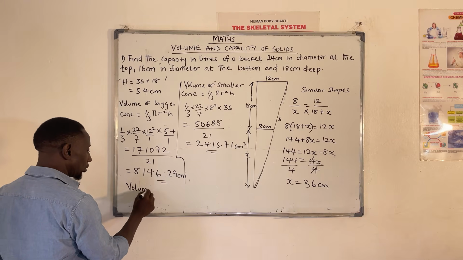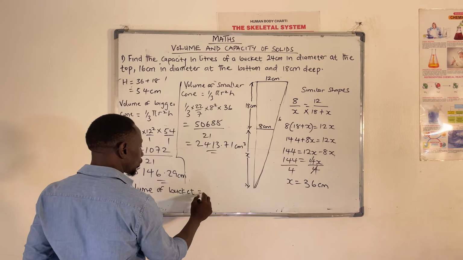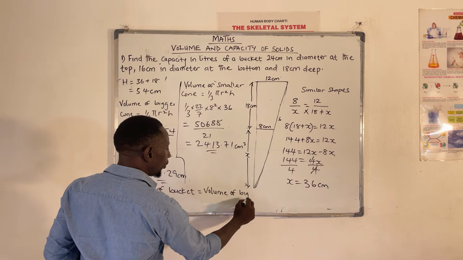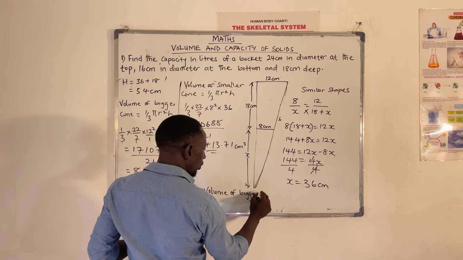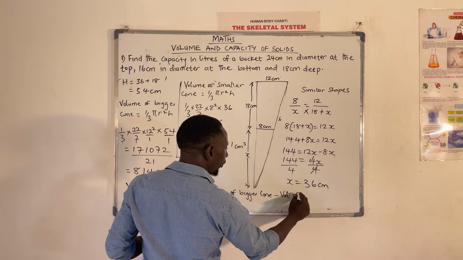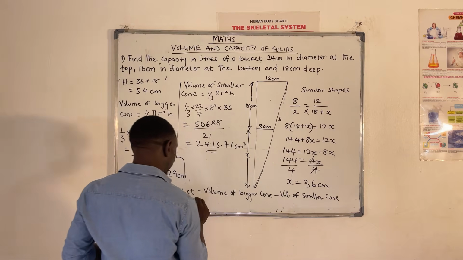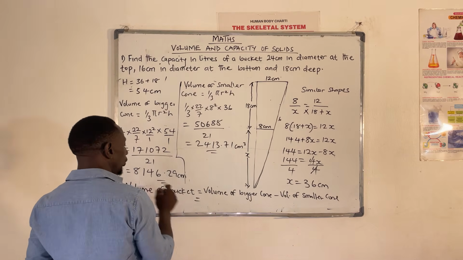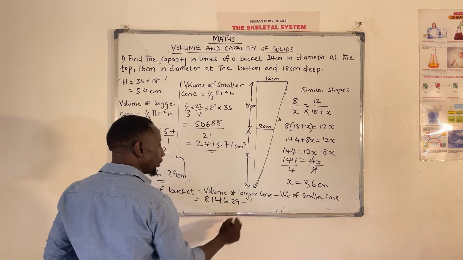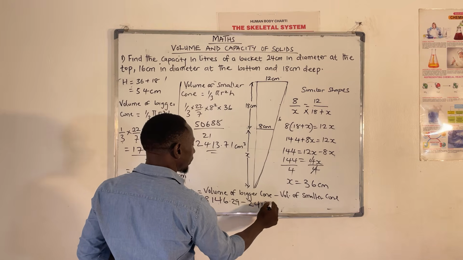Now volume of bucket. Volume of bucket is equals to what? Volume of bigger what? Cone minus volume of smaller what? Cone. So what do we have? What is the volume of bigger cone? The volume of bigger cone is 8146.29 minus 2413.71.